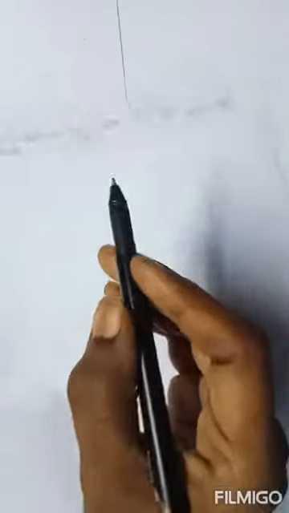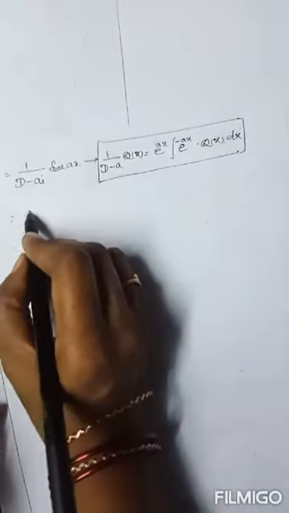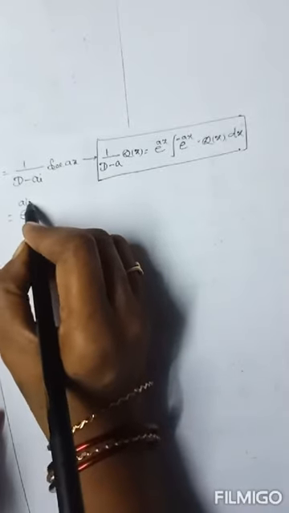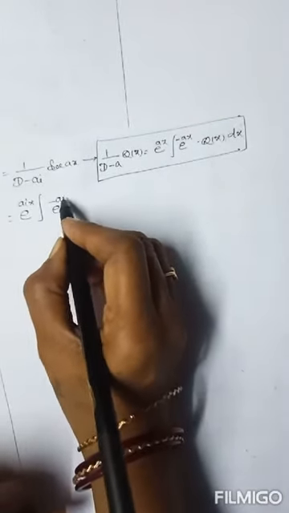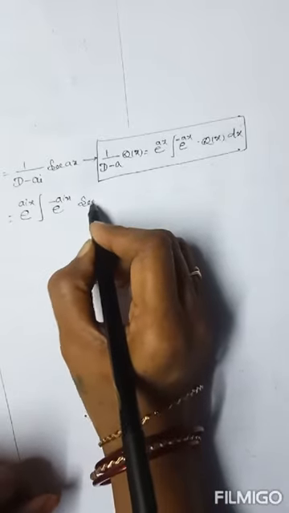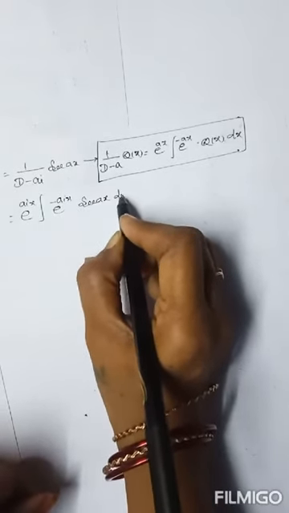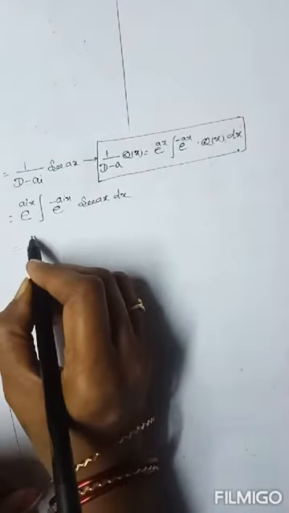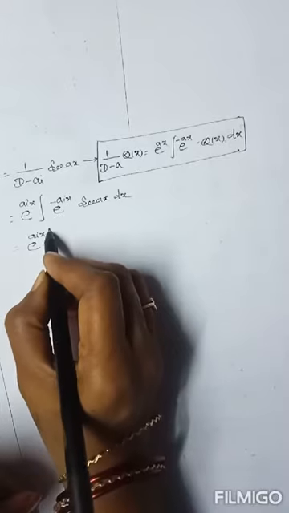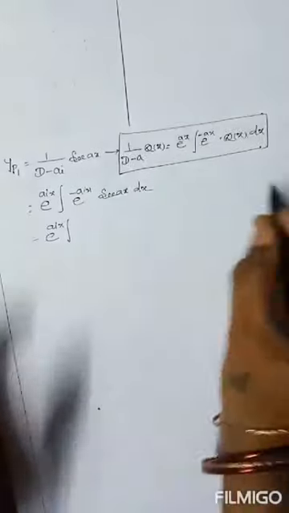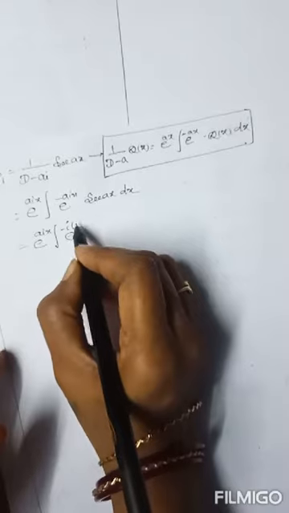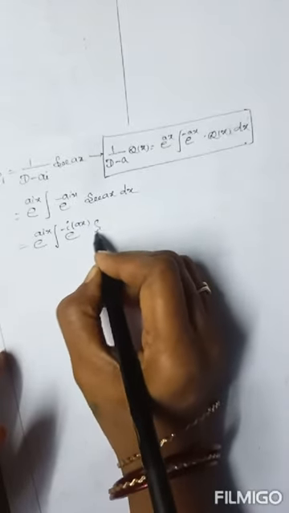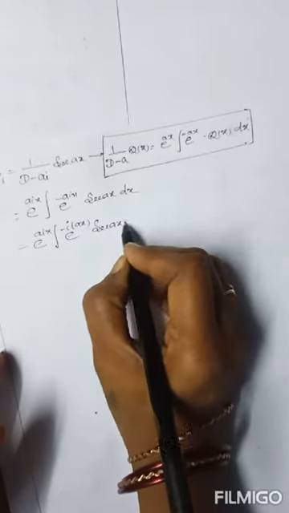Here in place of a, ai is there. As per this, e to the power of aix, e to the power of minus aix, q of x is secant of ax, into dx. Okay, e to the power of aix, integration of first i at one place, minus i, remaining part ax, secant ax dx.